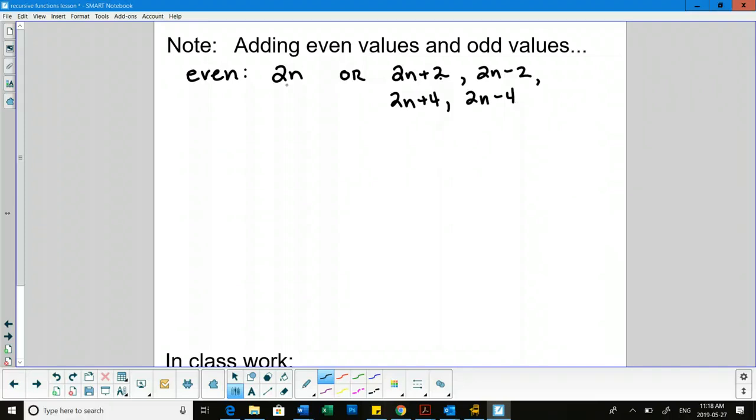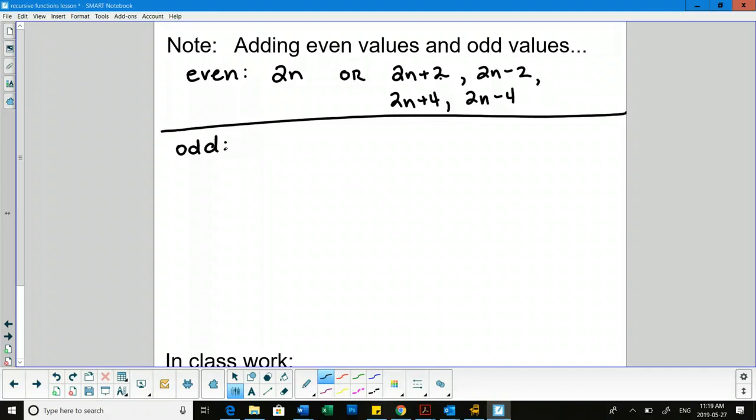So if you notice that your pattern is consistently adding even numbers, it might be something like this where we create an even number with the term value. If an even number is 2n, what's an odd number? An odd number is either 1 more or 1 less than an even number, right?